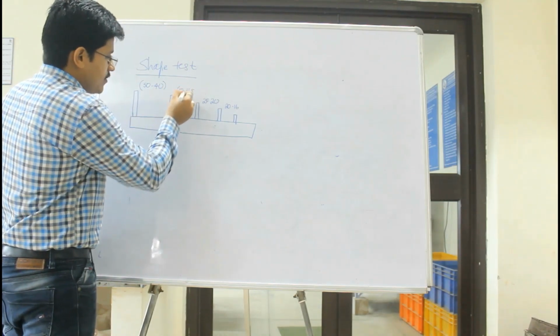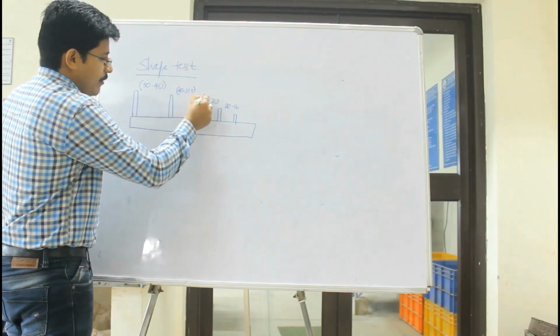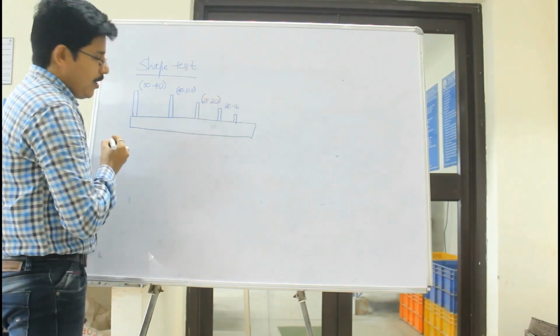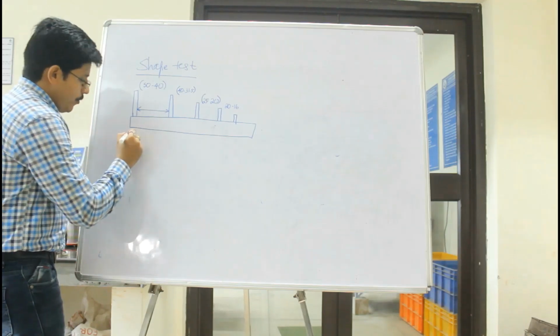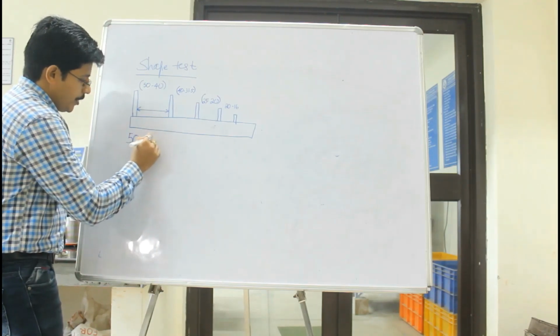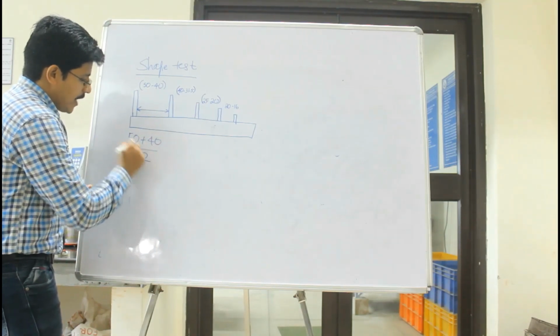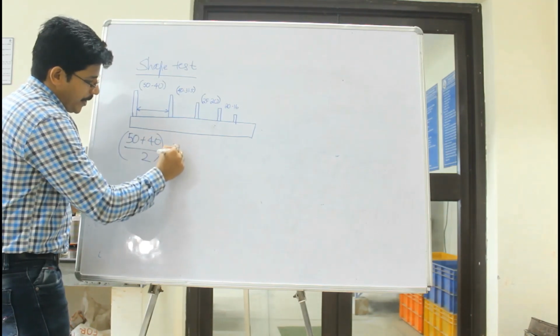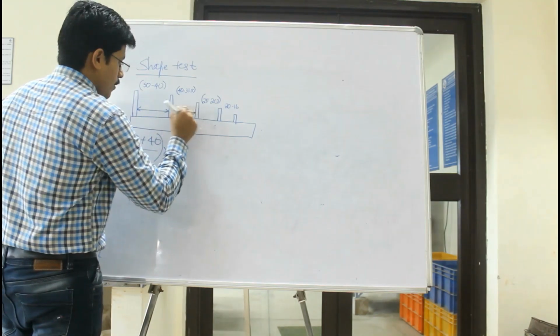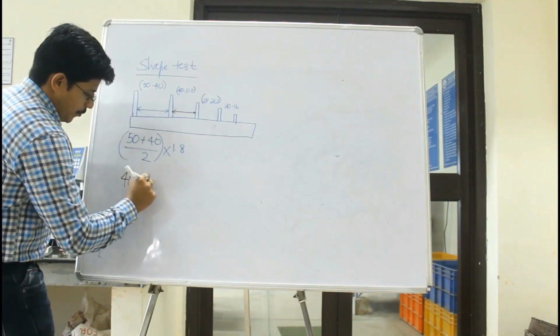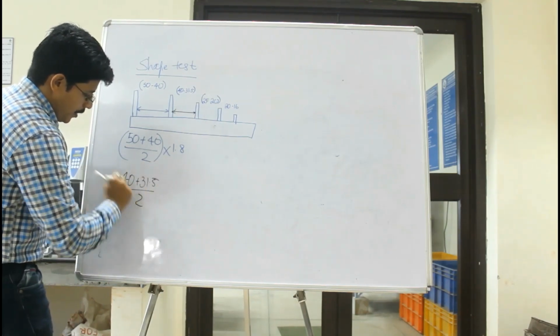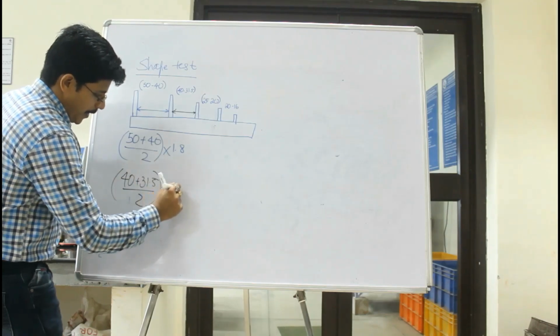This is 40 passing and 31.5 retained, and 25 passing and 20 retained. This opening length will be equal to 50 plus 40 divided by 2, the average, into 1.8. This opening will be 40 plus 31.5 divided by 2 into 1.8.